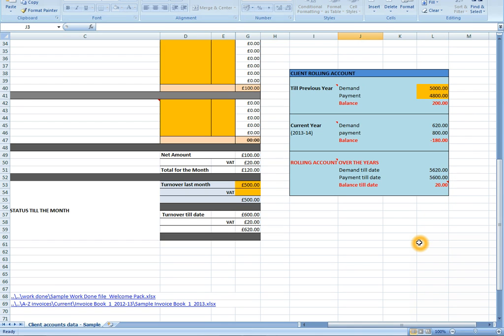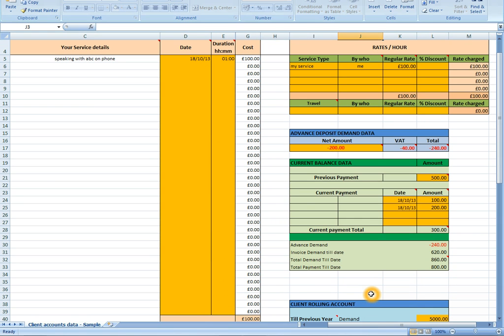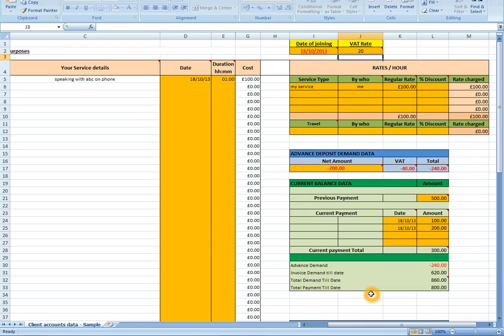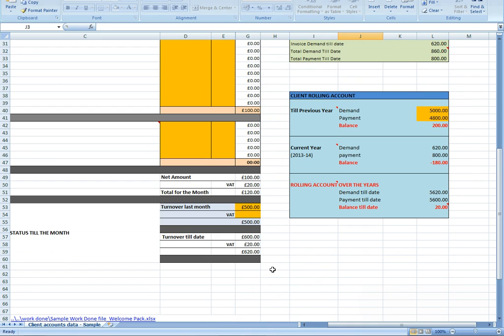Now, one thing I would like to also mention here, that we have shown a VAT liability for the current month, that is October, the present month we are doing. So it will not show VAT liability for the past months. So only for the current month.